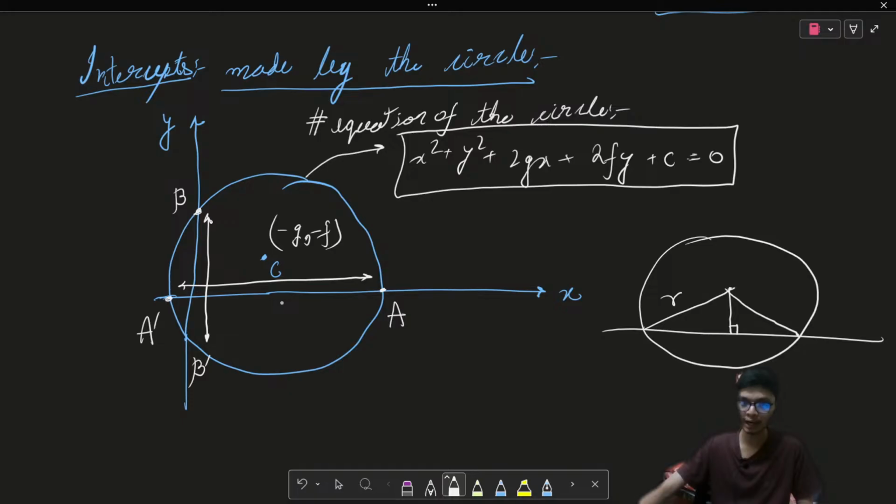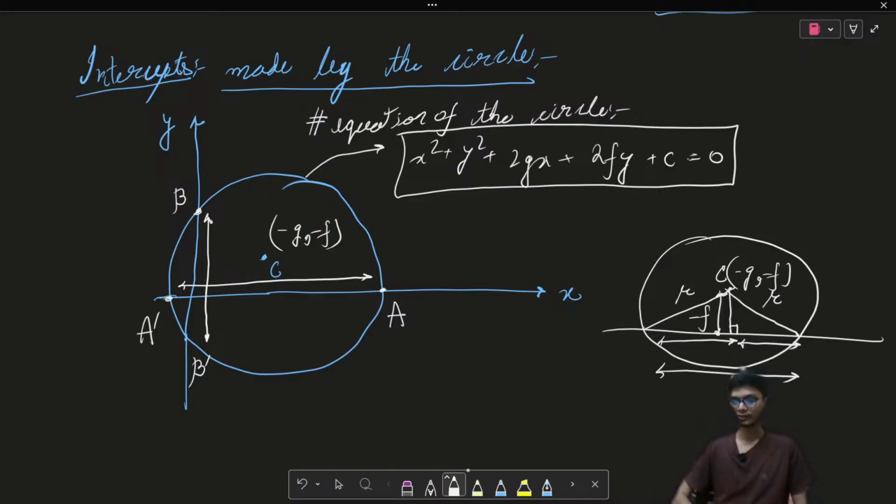I know these distances to be r, the radius, and this is my center, given as minus g comma minus f. I know this is my x-axis, so this particular distance should be minus f. From here I can easily find this distance, and multiplying by two I will get the whole distance. That is my plan.